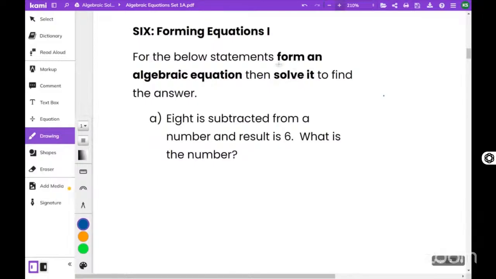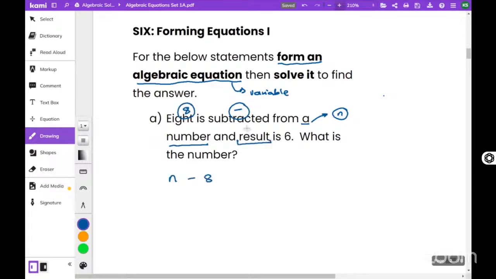So you have to form an algebraic equation, which means that you must have some kind of variable in it. So 8 is subtracted from a number. Wherever you see the words a number, you can change that into n. So that's n minus 8.